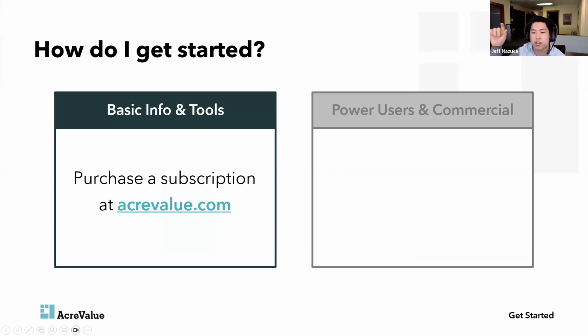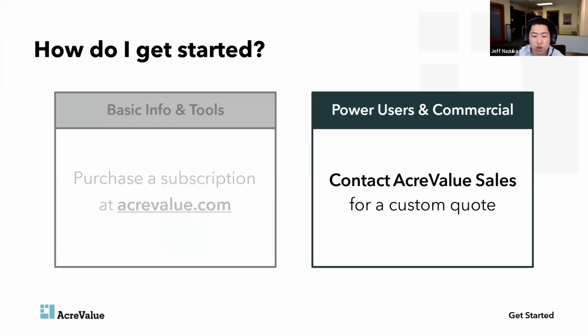There's an option for pricing right at the top navigation bar where you'll be able to see different plans that might work for you. If you are a power user or a commercial or enterprise user who may be looking for, for example, energy areas or land values, reach out to me for a demo and a custom quote. We'll get you set up with an enterprise subscription and make sure that it's right-sized for your needs.